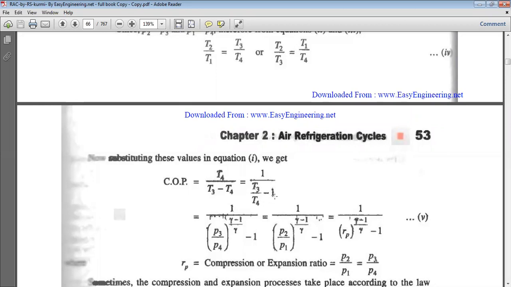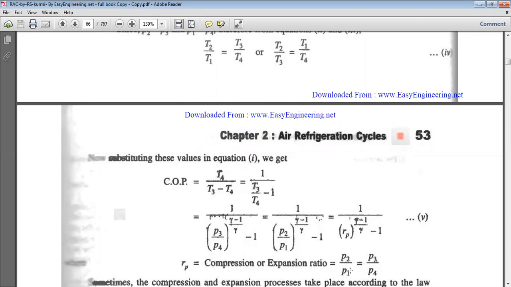What is T3 by T4? It is Rp to the power of gamma minus 1 by gamma, where Rp is P3 by P4 or P2 by P1. P2 by P1 is called the pressure ratio, compression ratio or expansion ratio. P2 by P1 is called the compression ratio. P3 by P4 is known as the expansion ratio.